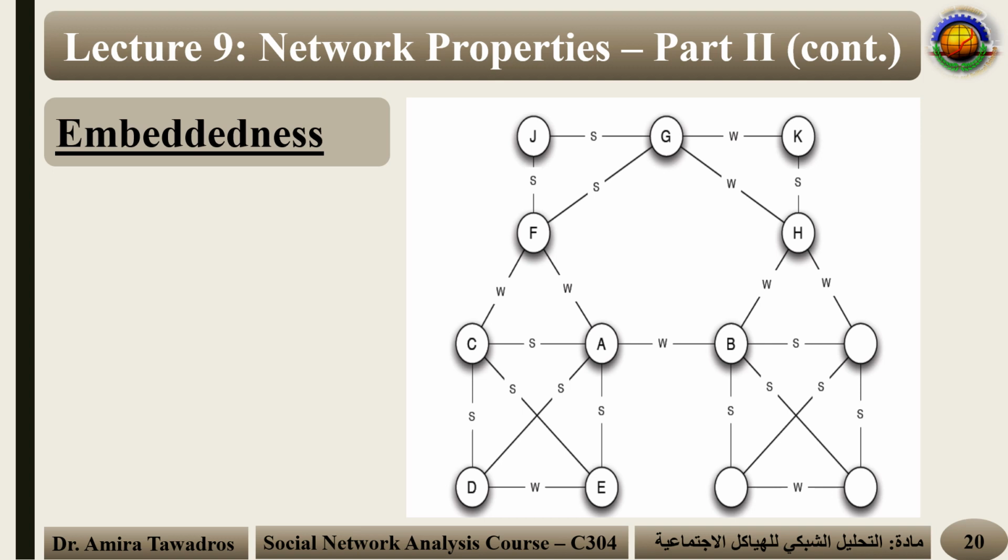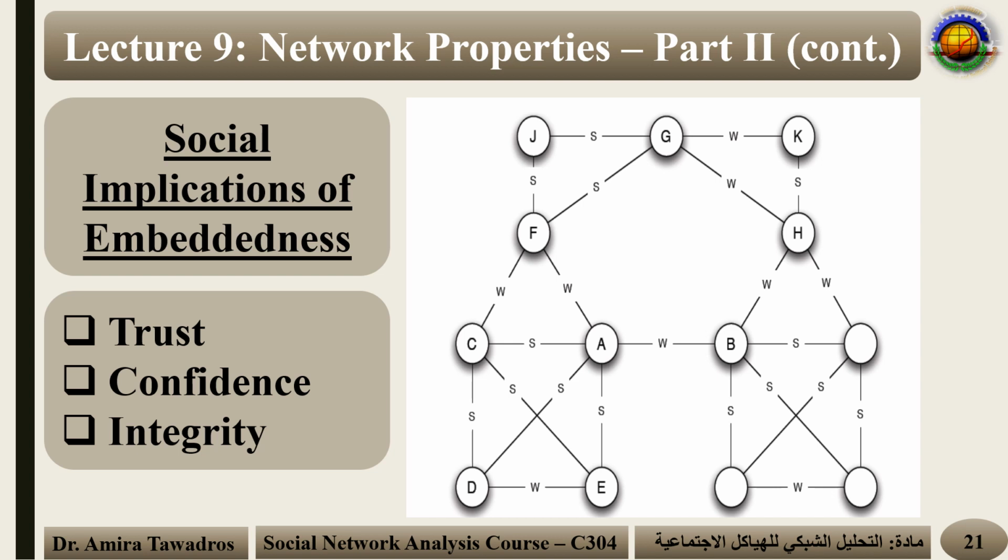In the figure that you see here in this slide, the local bridge between A and B has an embeddedness of 0. What's the meaning of embeddedness of 0? Local bridges have an embeddedness of 0 because they don't have any common neighbors between their endpoints.